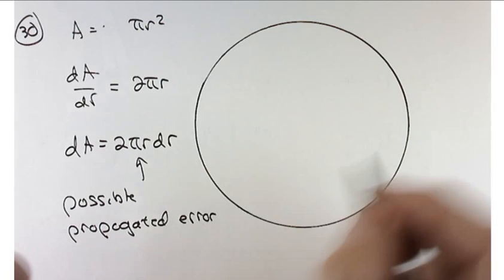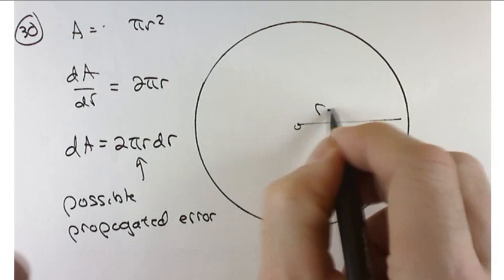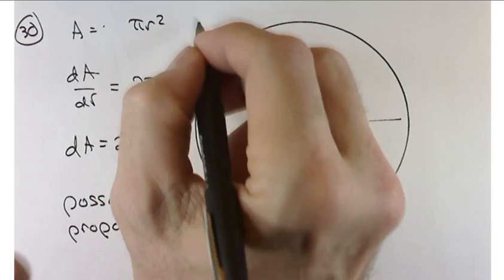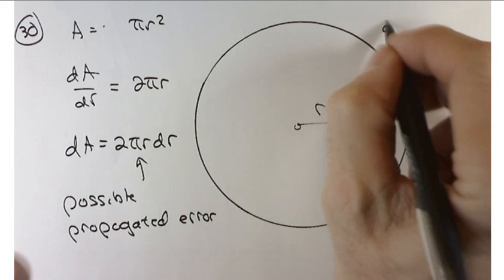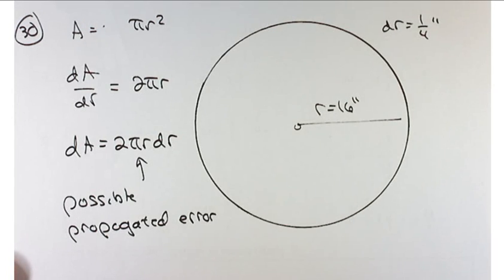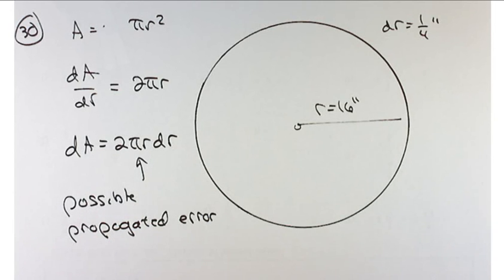Now, they told us at the start of this that the radius of this circle was 16 inches. What was the error that they mentioned? Good, and that 1/4 inch is your dr term. So I think we've got pretty much everything we need in order to calculate the possible error, at least an approximate version of the possible error.